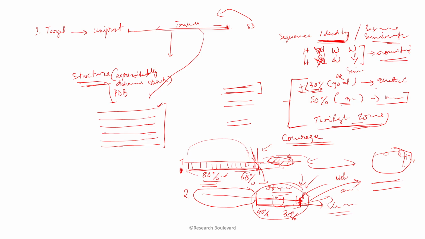But after selecting the template, you can do a second alignment. You can call this the second alignment, or the alignment in the homology modeling step. So, a proper alignment.